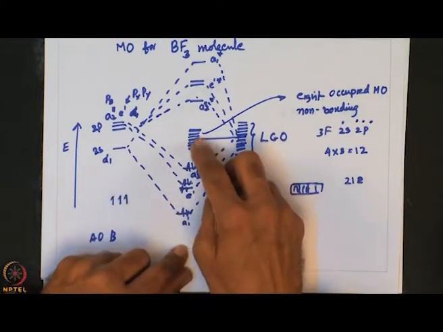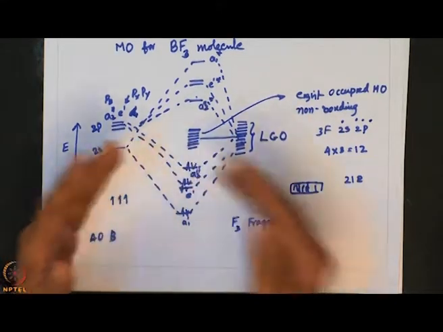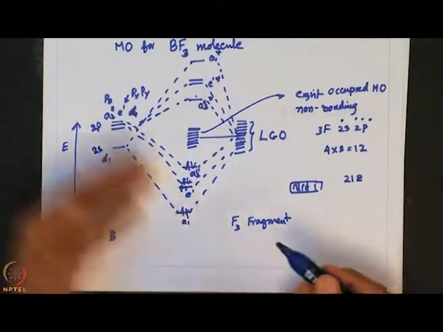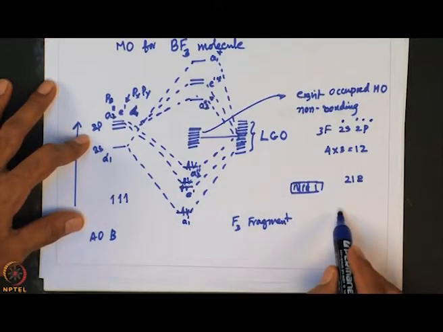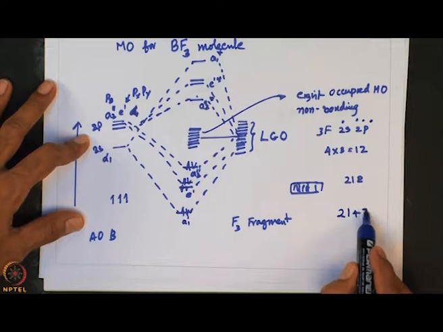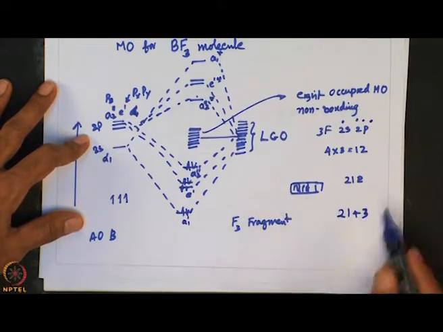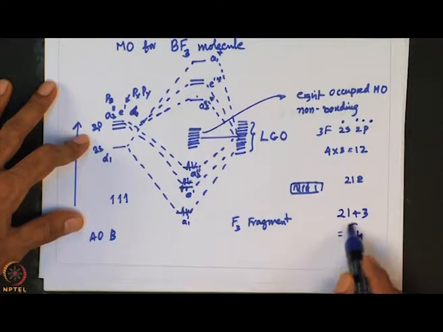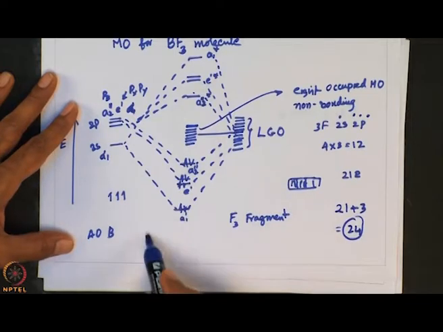So, total of 16 plus 8, 24 electrons. If we count the total electrons here, this is 21 plus 3. 21 electrons are coming from 3 fluorine atoms and 3 electrons are coming from boron. We have 24 electrons.